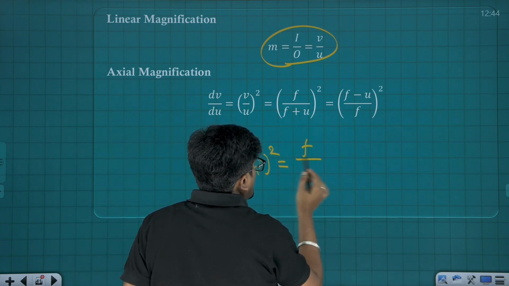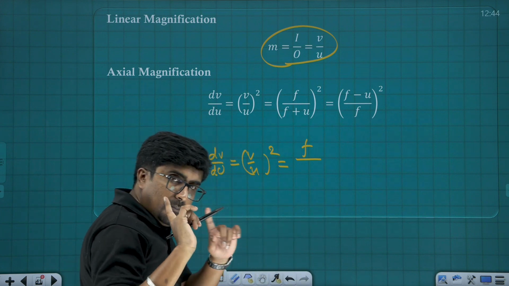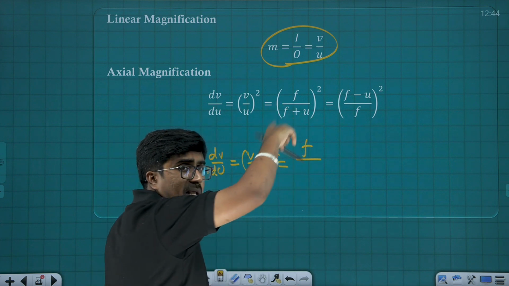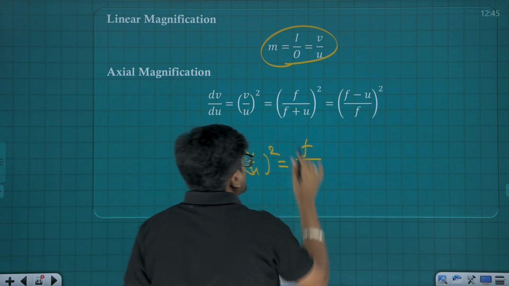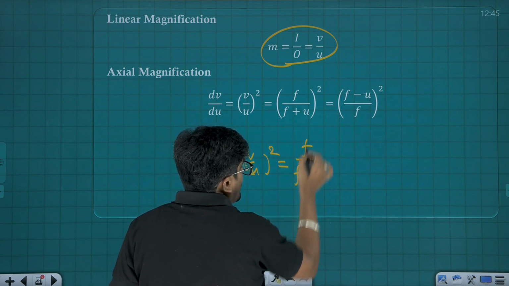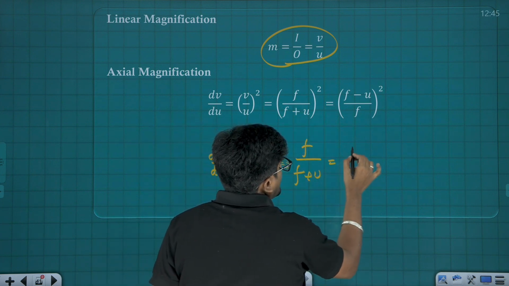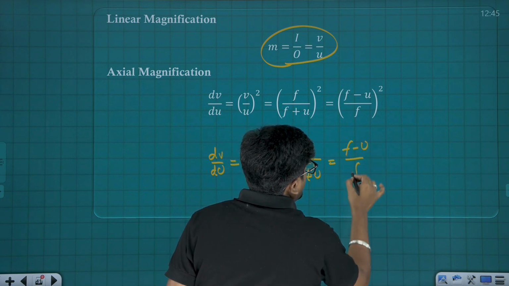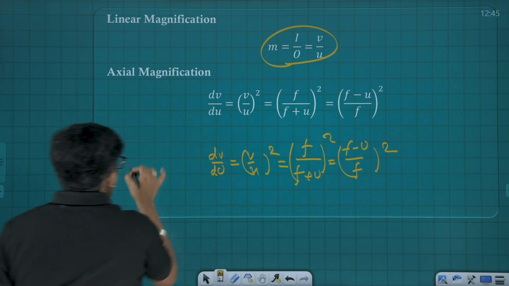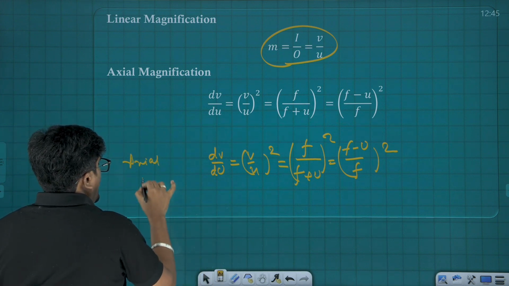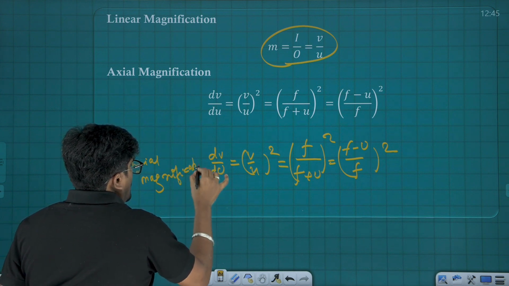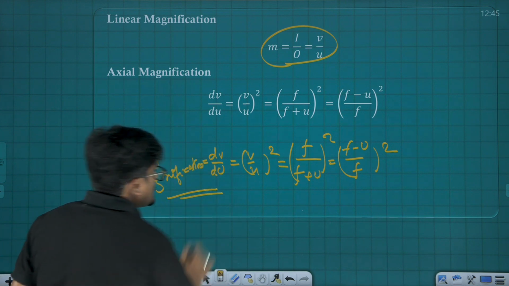Just because of the difference between mirror formula and lens formula, while replacing V as well as U, the same difference you have here as well. So in terms of U, if I want to write this, it is going to be f upon f plus U, or it can be written as f minus U divided by f the whole square. And we were discussing the case of axial magnification.